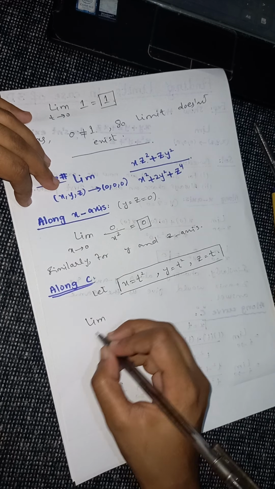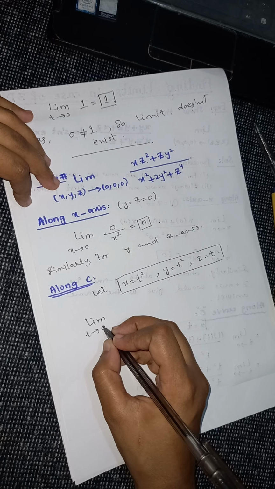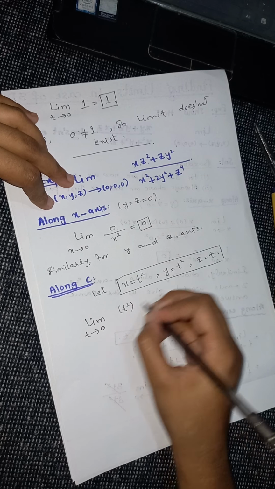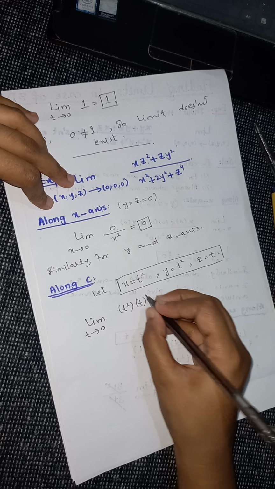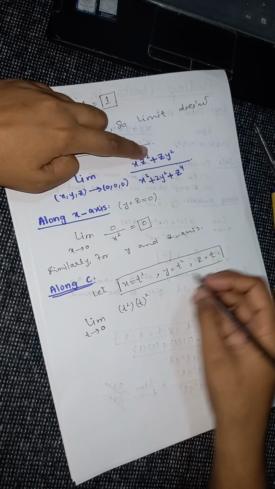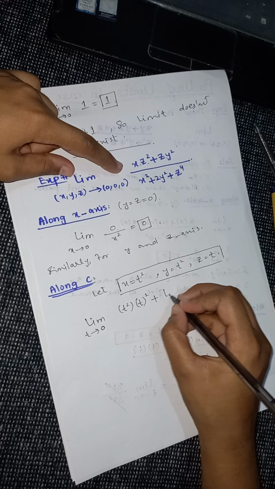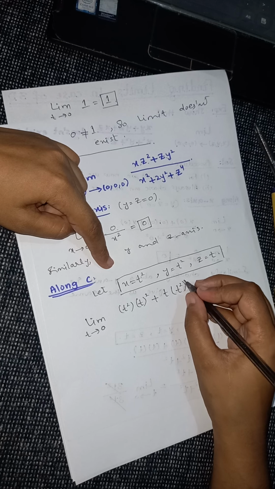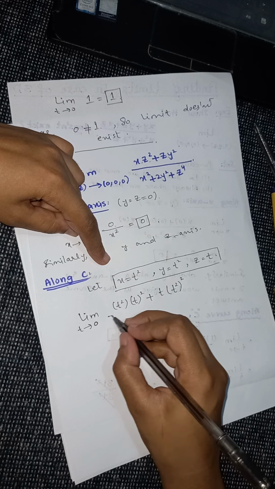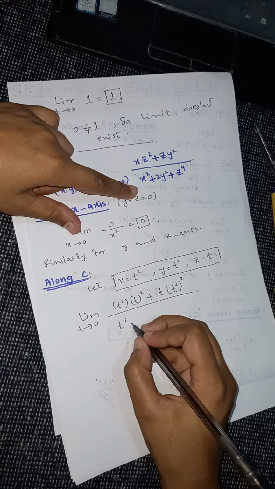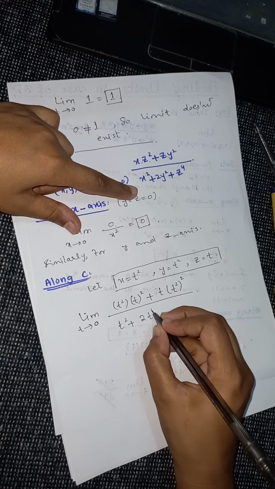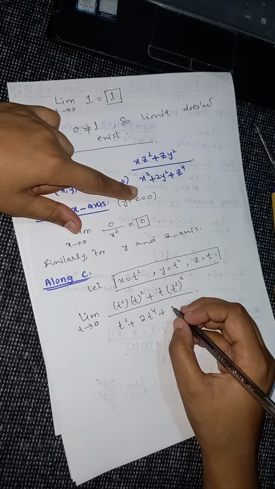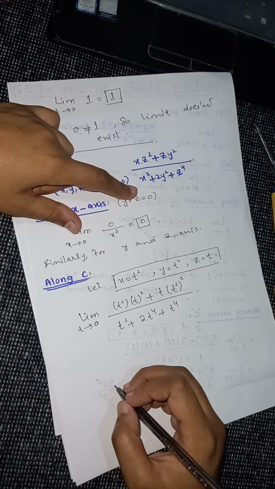If I substitute these values, then our limit would become t approaches to 0, and if we substitute x is equal to t square, z is equal to t, and due to the square of z, it would become t square, plus t times t square, that is t square square, divided by t square plus 2 t4 plus this is z4, meaning t raised to power 4.